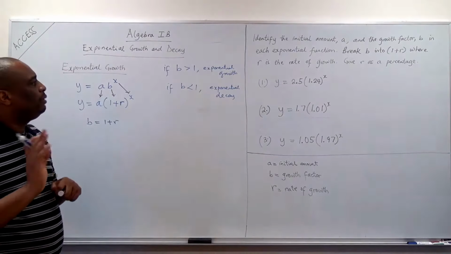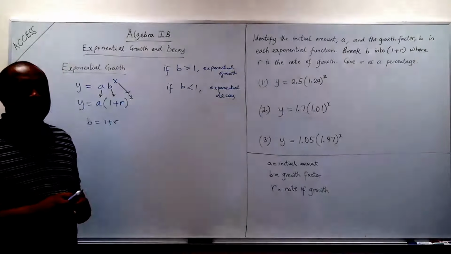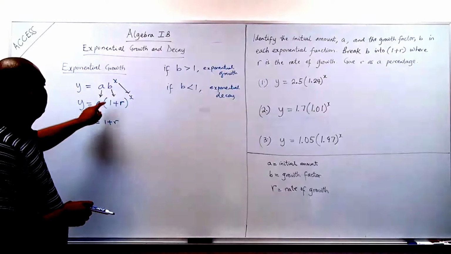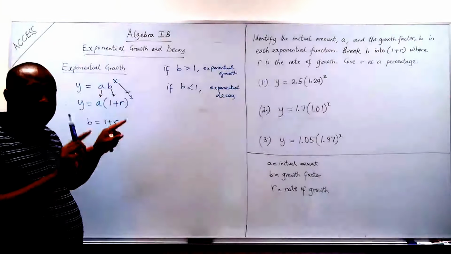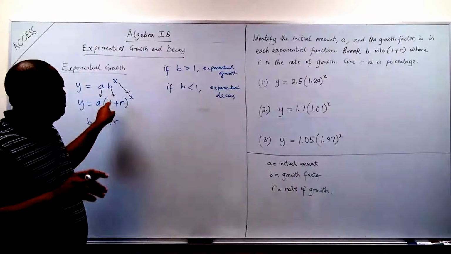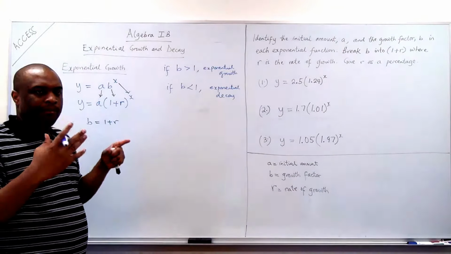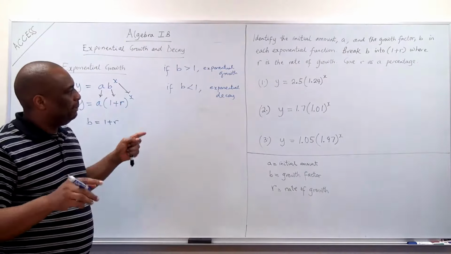When b is greater than 1, you have growth. When b is less than 1, you have decay. So the b is the thing in parentheses. If you just compare, you will see that b is the thing in parentheses.